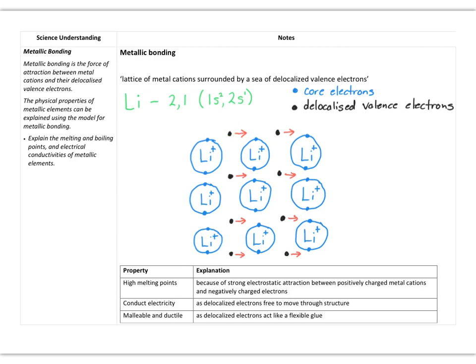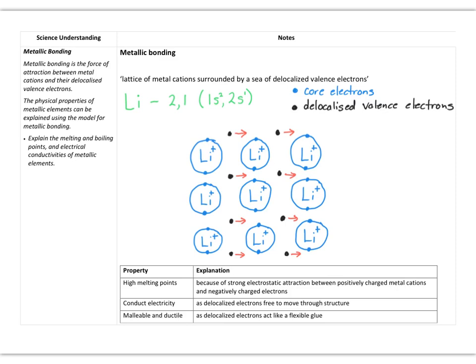Those valence outer electrons are what we call delocalized, and that's a fancy way of saying they don't stay attached to any individual lithium atom. They're actually free to move through the lattice, through the structure of the metal. And we'll see in a sec how that relates to some of the properties of a metal.